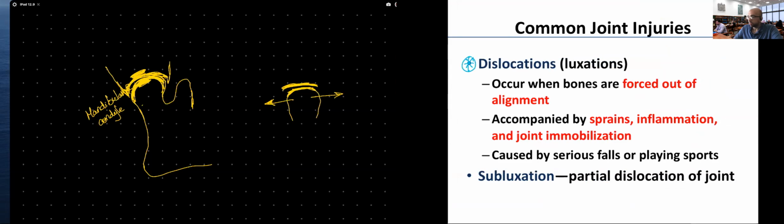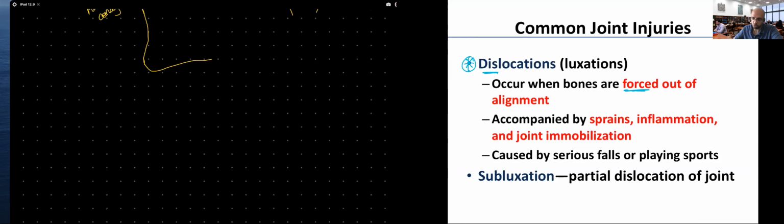Another common joint injury might be a joint dislocation, or a luxation. A joint dislocation is simply a force where the bones are forced out of their normal alignment. So for example, when I say dislocation of the shoulder joint, what do I mean by this?